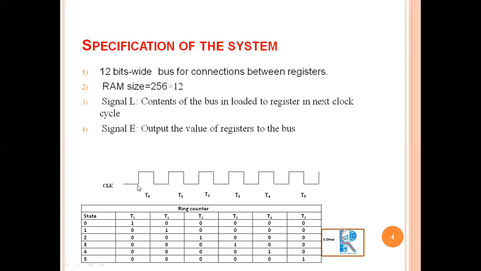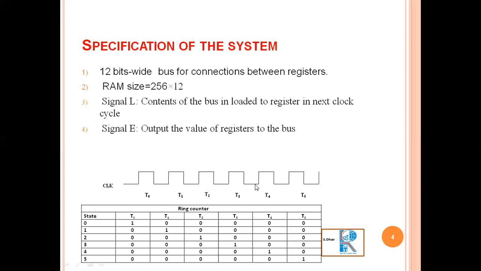So one micro instruction should be completed from here to here, then the second pulse starts, then the third, fourth, fifth, sixth. This is one time period, starting from this point to this point. One pulse is one time period. From here to here, another pulse, another clock.